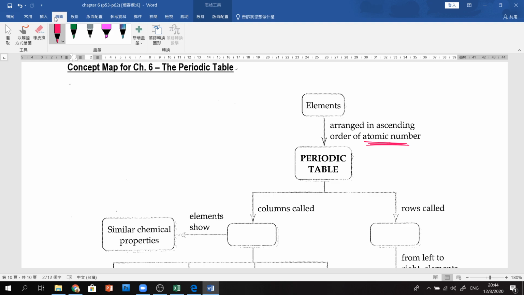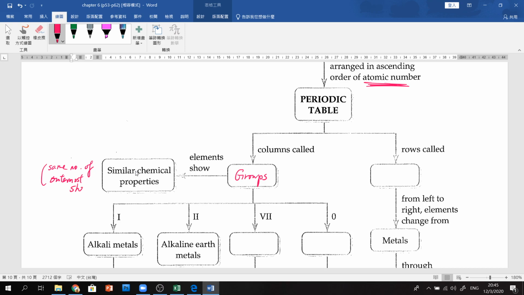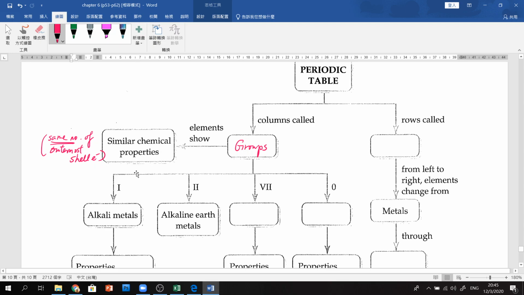Also, they would group elements according to the similarity in chemical properties. But nowadays, you know that similar chemical properties are due to the same number of outermost shell electrons. So we are going to have groups and periods.